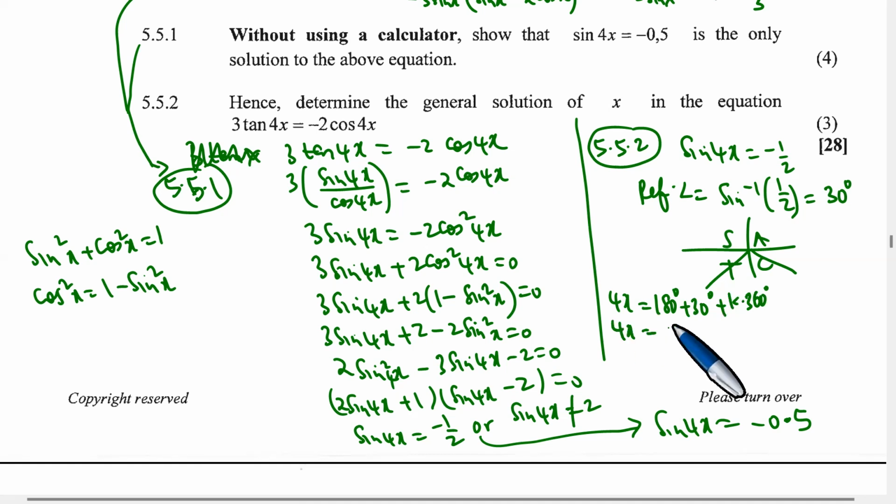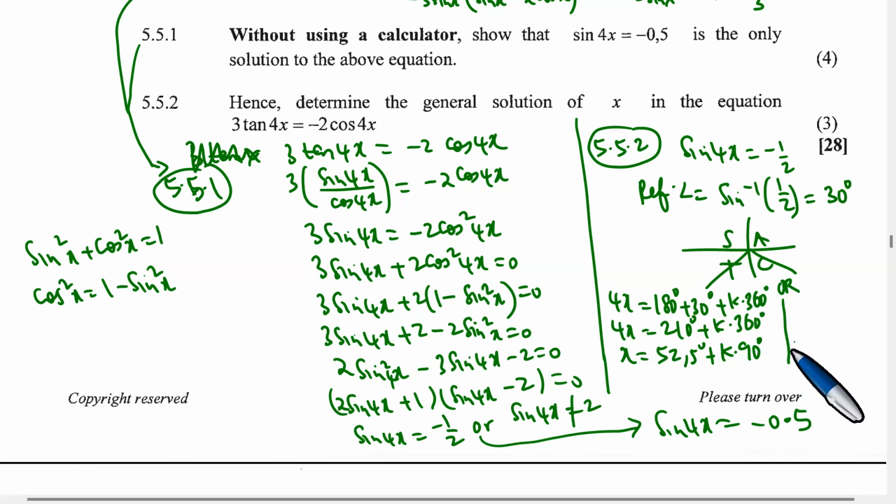What is 180 plus 30? 210 degrees plus k times 360. x is equal to 210 divided by 4, which is 52.5 degrees. If you divide 360 by 4, you get 90 degrees. So that is the answer.